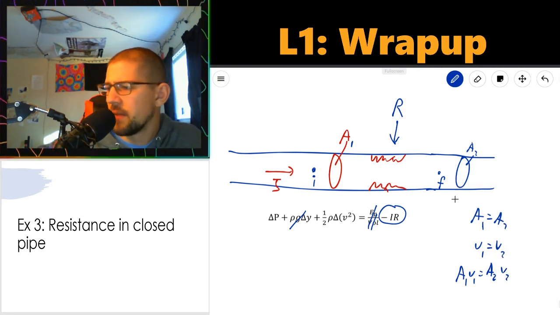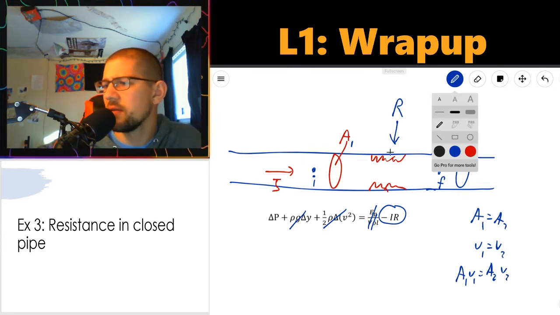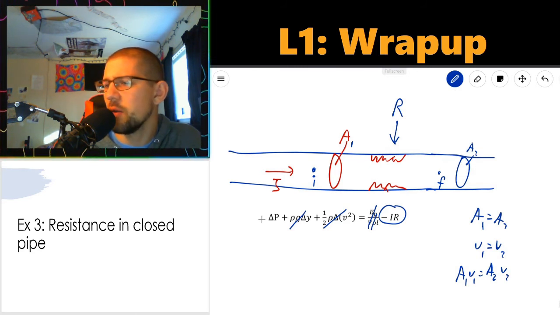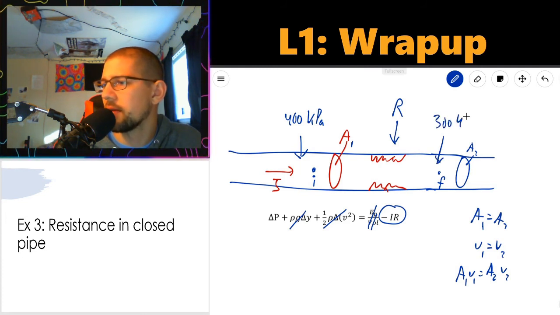So no change in speed, which means that in a closed horizontal pipe, what resistance tends to do is decrease pressure. So for a resistive pipe, if I had a pressure of, say, 400 kilopascals over here, maybe by the time it comes over to the other side, for a given amount of current, it reduces down to like 300 kilopascals.